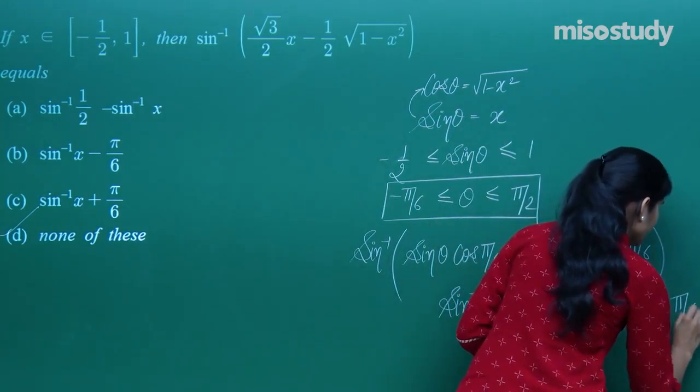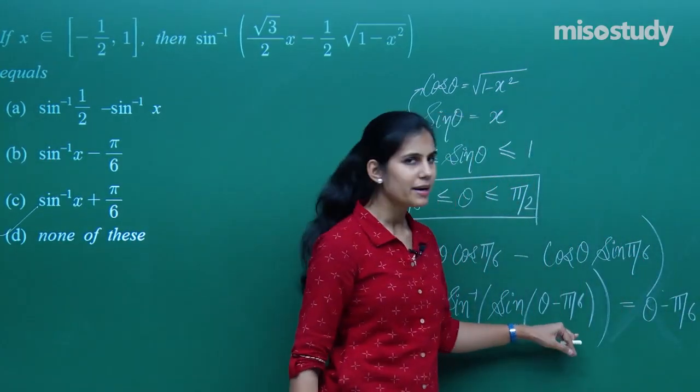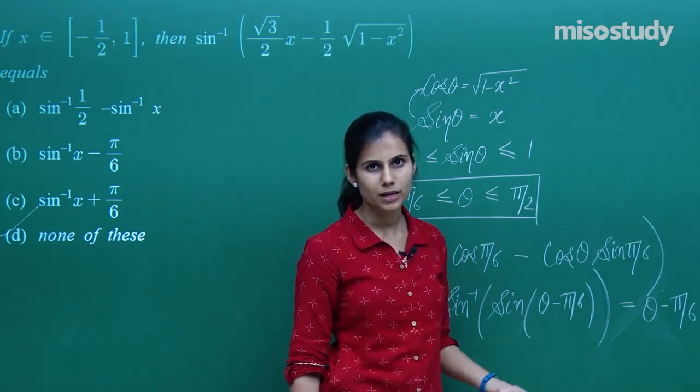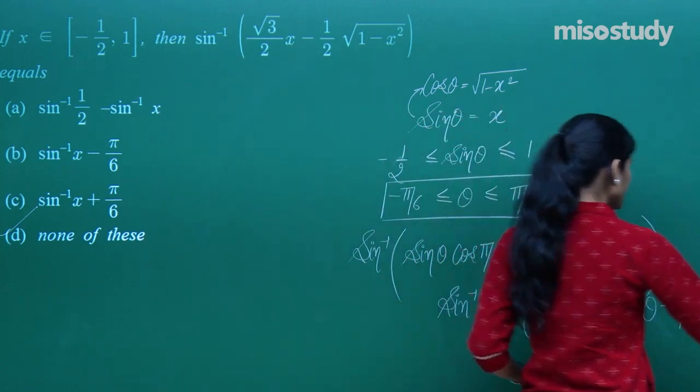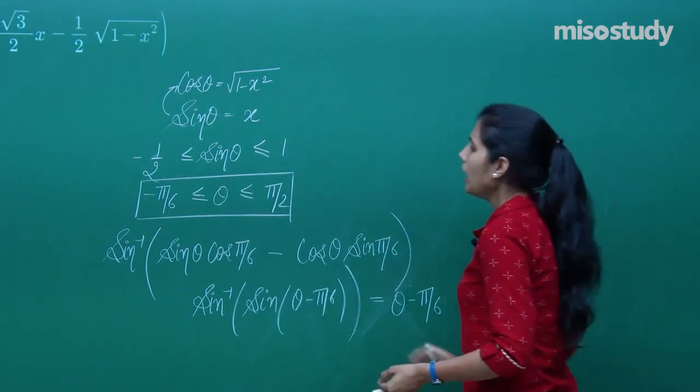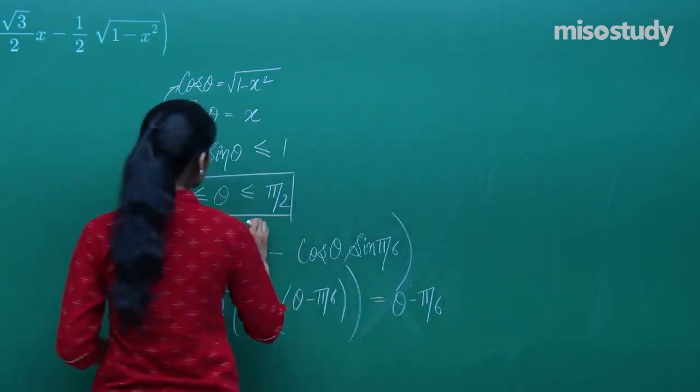to be equal to theta minus pi by 6 only when this theta minus pi by 6 lies in the principal domain of sine, which is minus pi by 2 to pi by 2 closed interval. And that is pretty much true. Why? Because theta is lying between minus pi by 6 to pi by 2.